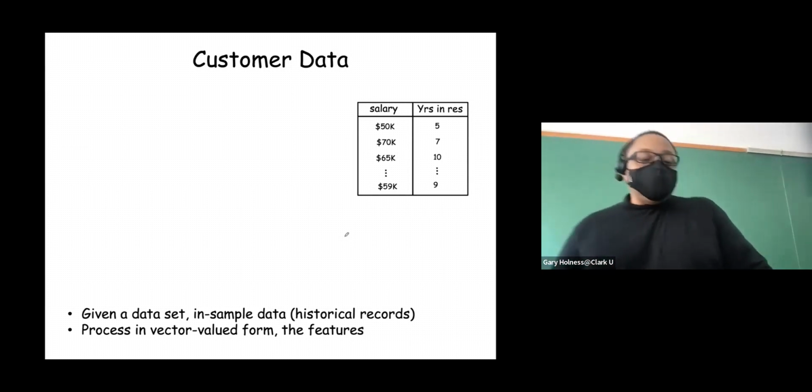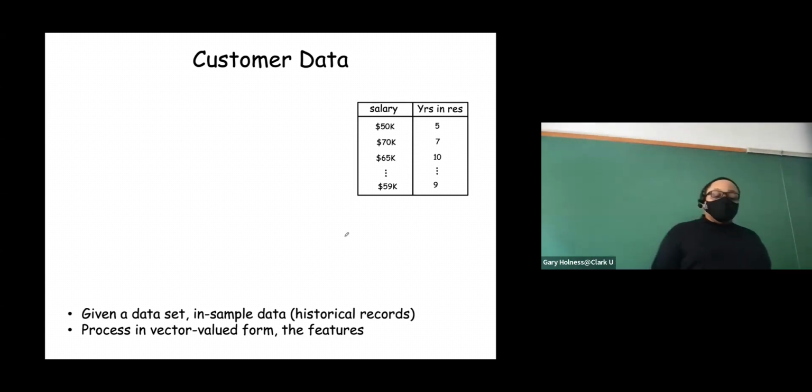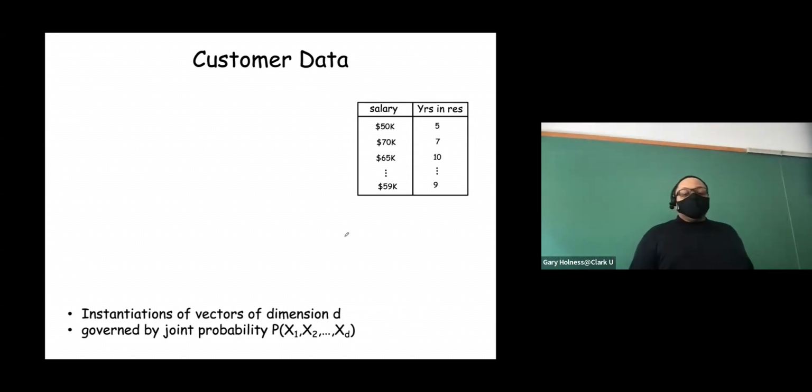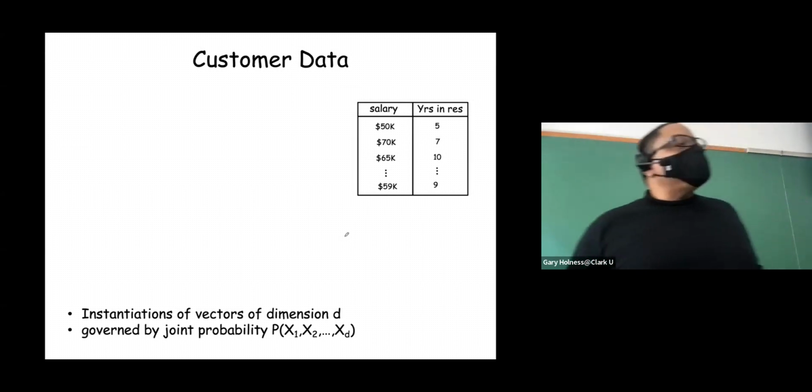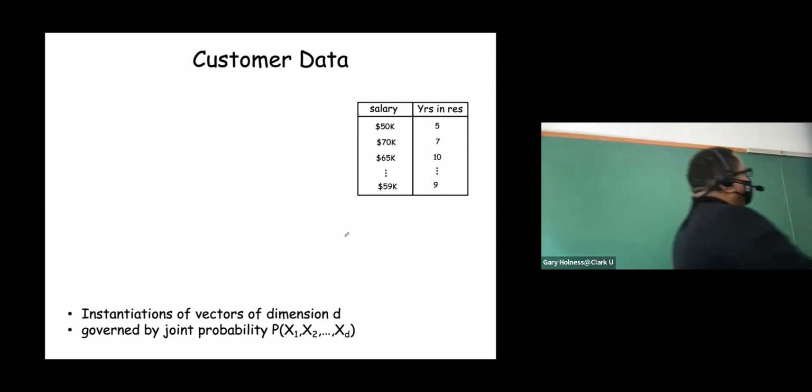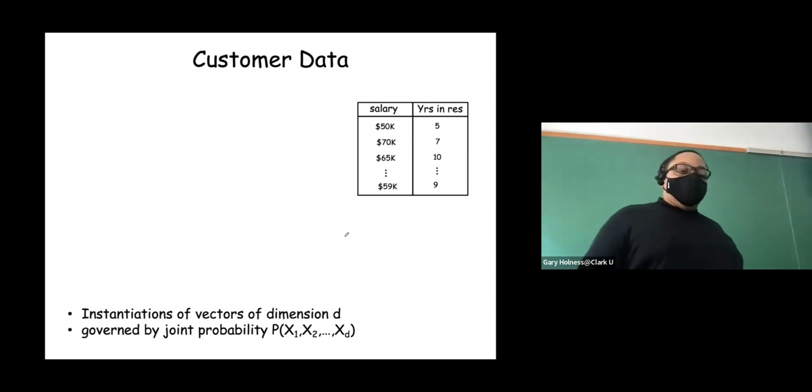So we have our historical data from the bank, our so-called in-sample data, and we process it in vector valued form, keeping in mind that each vector instantiation, each row of this table representing each customer, is thought of as a joint probability over a set of random variables where each random variable's value is a feature. And so here we have the salary feature and we have the years in residence feature. And this is a two-dimensional vector because there are two variables in this particular example. Does that make sense? Any questions?